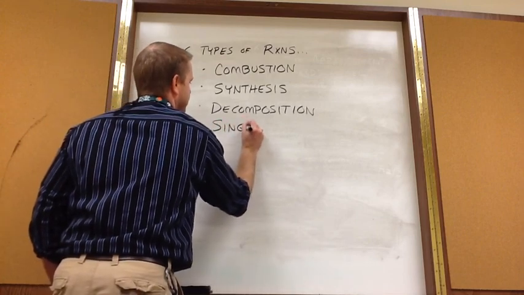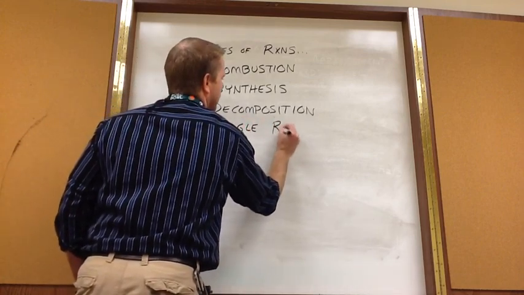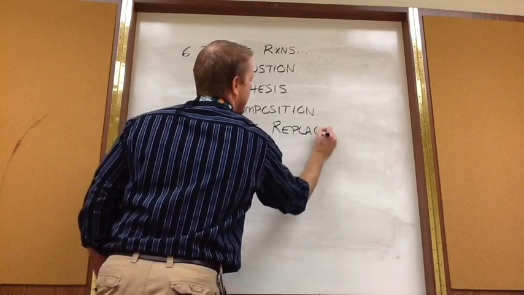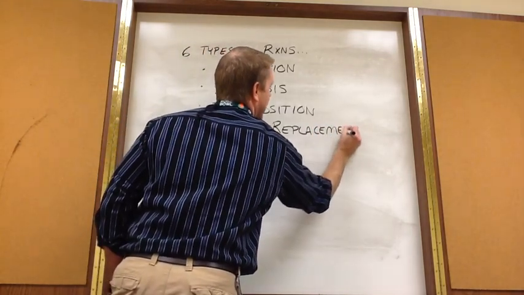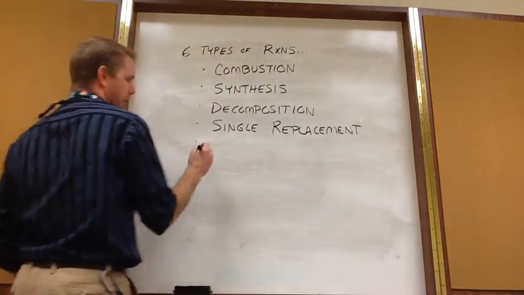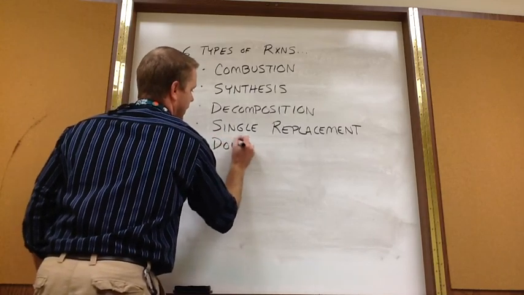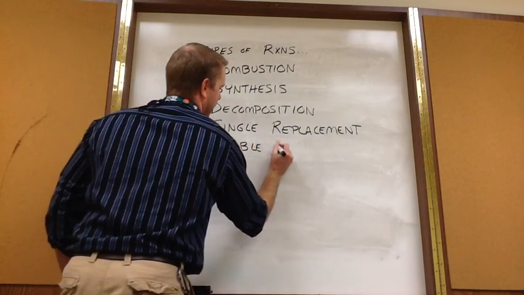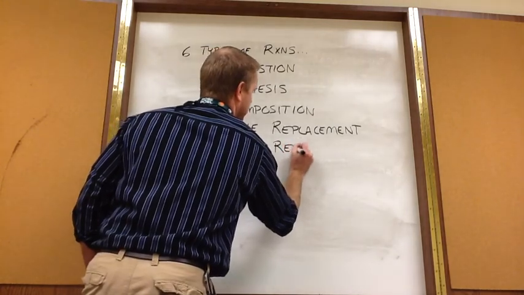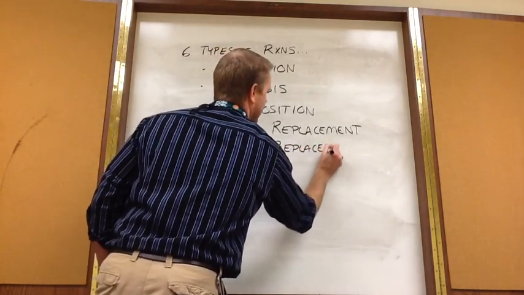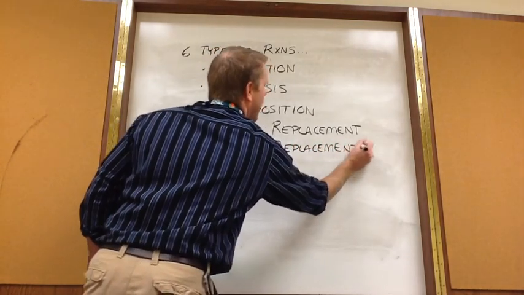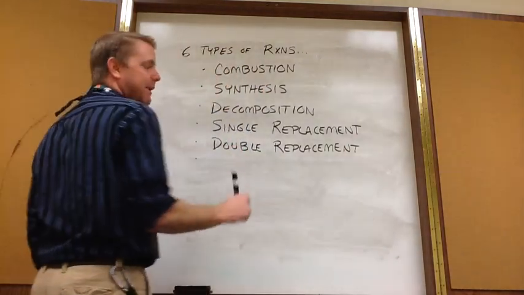Single replacement. It kind of means what it says. In this type of reaction, we replace a single thing, meaning one. There's also a double replacement, where we replace two things. And the last one is a specialized type of double replacement.